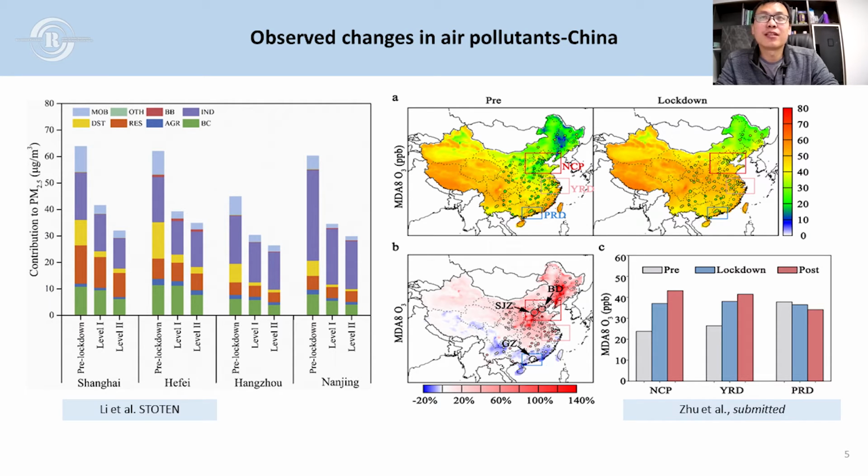We can see significant reductions in PM2.5 concentrations, at the most by almost half in Nanjing, for example.